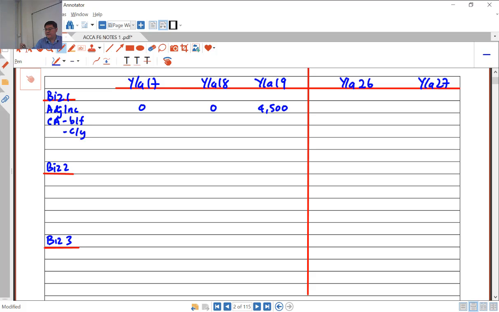So for 2017, I cannot claim the CA, right? So 0. Then for 2018, I cannot claim the brought forward and the current year because I don't have income. But coming to 2019, I believe you should see the brought forward is now 3,000. Correct or not?